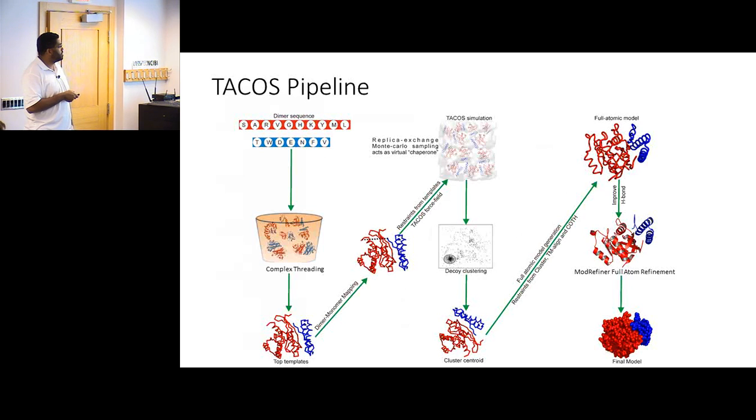I start with the two sequences from each chain, and I search them through our complex libraries using Koth and Spring, and I find my set of templates, and then I run them through our simulation. I'll go through each one of these steps, and then I find the consensus structure, do further refinement, and get our final model.